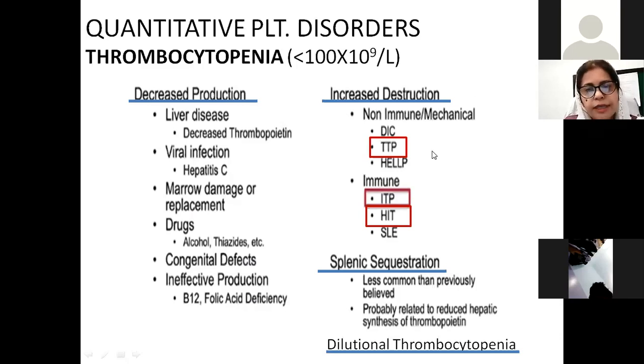Increased destruction can be divided into non-immune or mechanical trauma to the platelets and immune causes. Most important of which is ITP, or immune-mediated thrombocytopenia, followed by drug-induced immune-mediated platelet destruction, which includes heparin-induced thrombocytopenia.